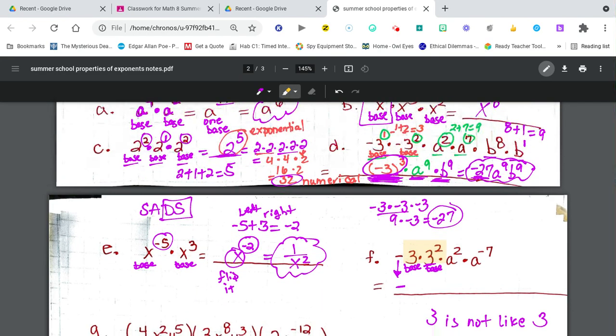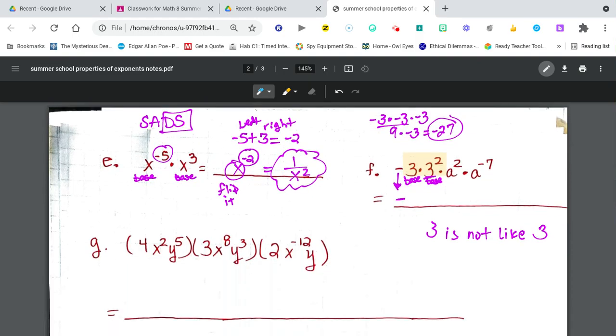Now on something like D, both of these bases were -3, -3. So you can write -3 and add the exponents to the third power. But see, both of these don't look like -3.